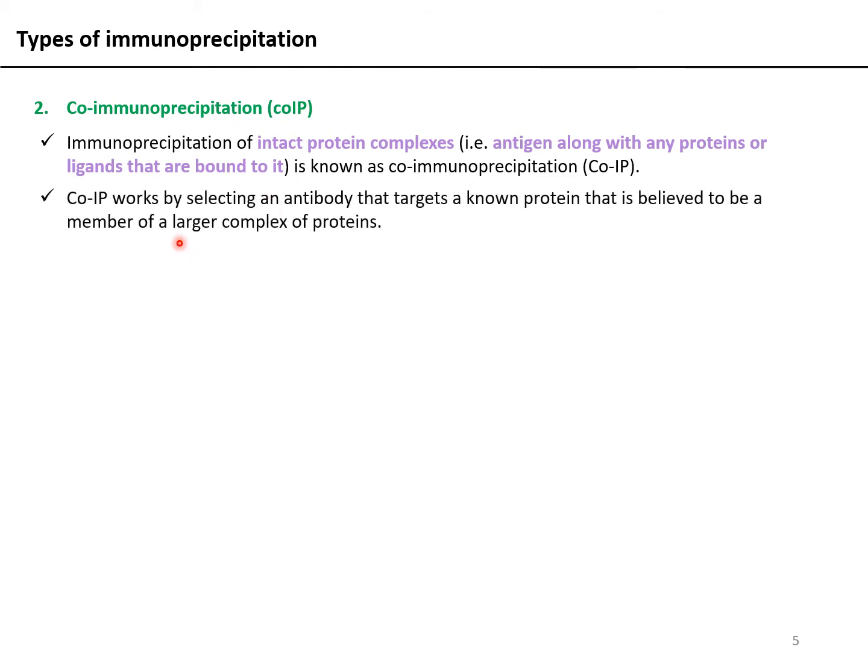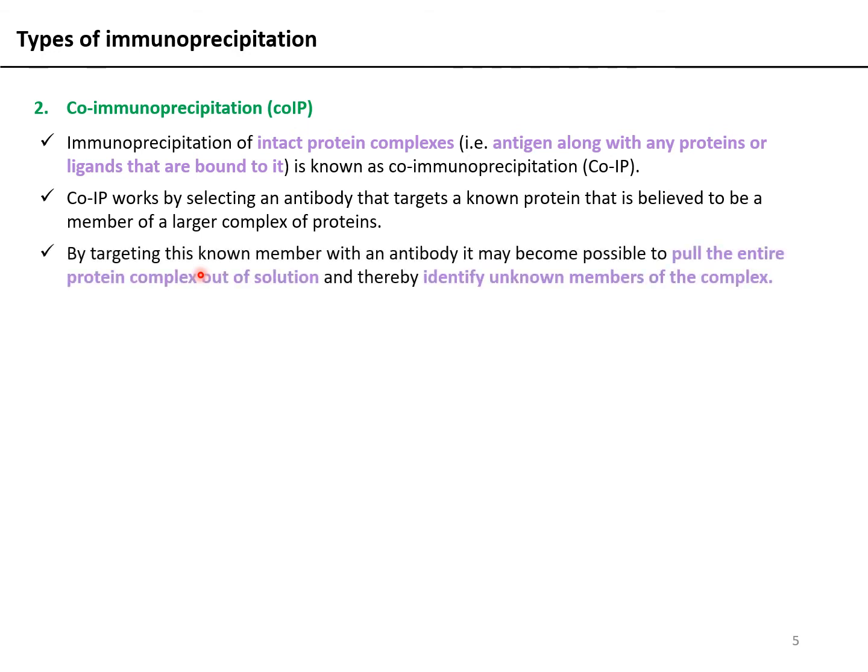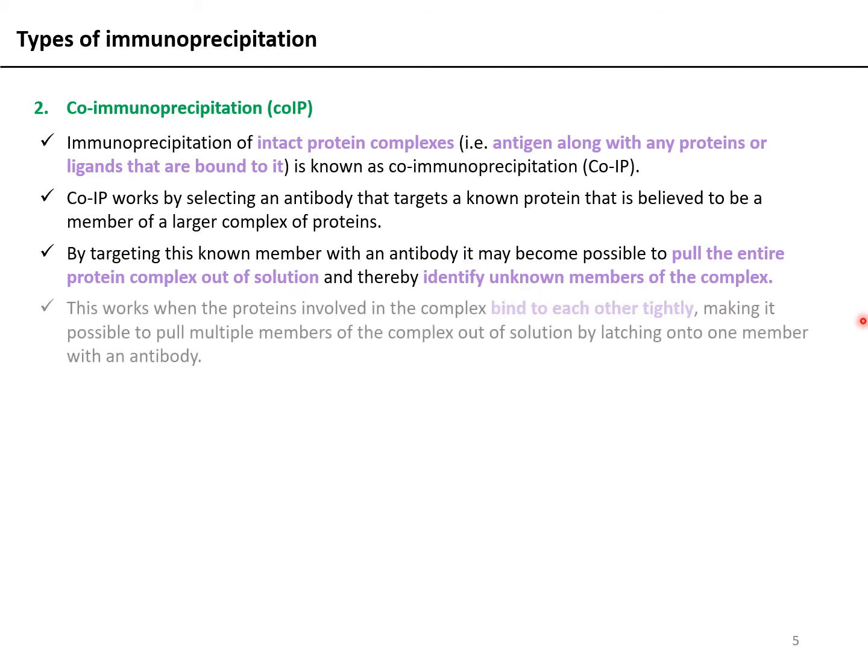So co-IP works by selecting an antibody that targets a known protein that is believed to be a member of a larger complex of proteins. By targeting this known member with an antibody, it may become possible to pull the entire protein complex out of solution and thereby identify unknown members of the complex.